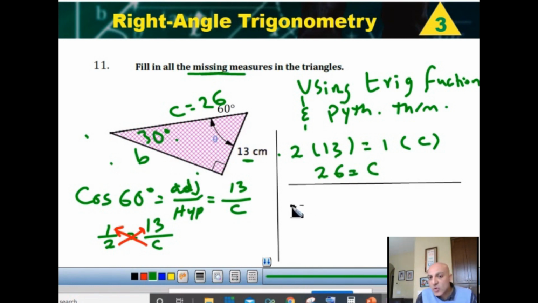You might use a calculator, because 26 squared is going to be a really big number. Can somebody at least give me the setup in the chat? Or if you want to speak it out loud, that's fine. Just the setup.